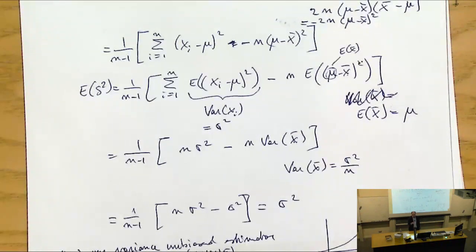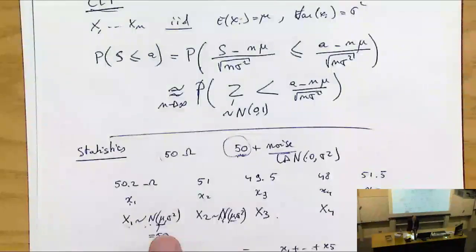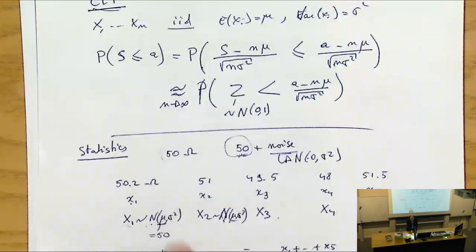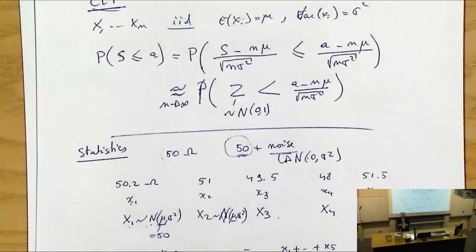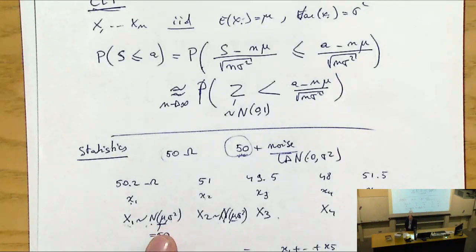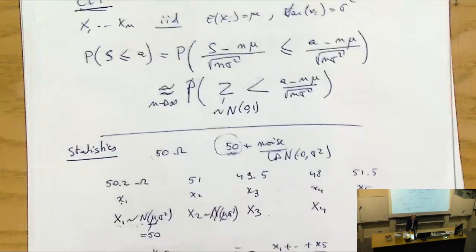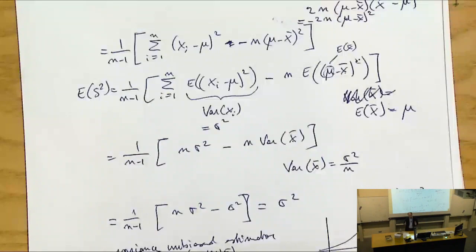It's a random variable that tries to estimate a parameter of another random variable. X1 here is a random variable with a certain mean, and what I'm creating is an estimator, another random variable, which estimates this parameter mu. And what I'm saying is that if you have multiple estimators that are all unbiased, the one that you prefer is the one with the smaller variance. Okay?